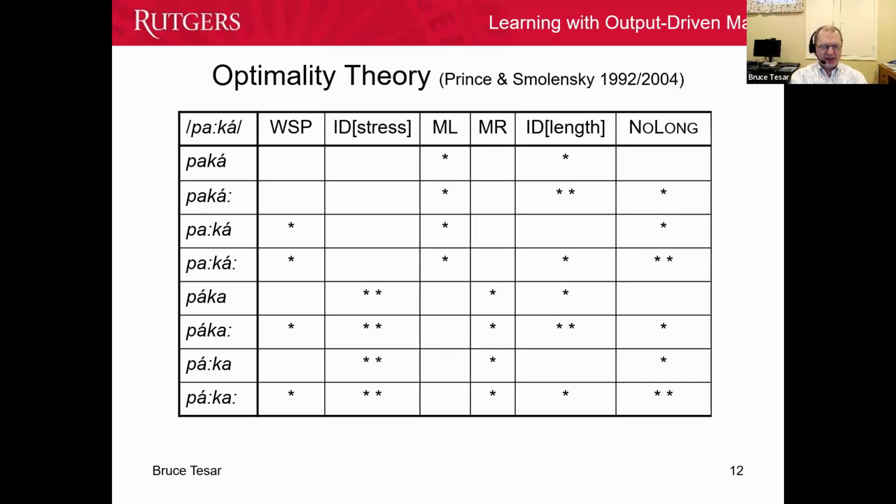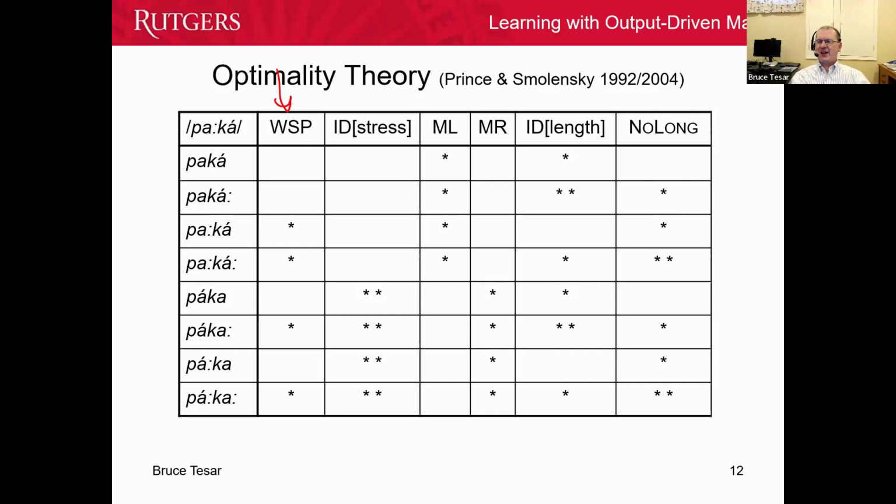So if I were to take the 6 constraints here and treat them as ordered in the order in which they're shown in the table left to right, that would mean that the highest rank constraint is WSP, and I would look at all the candidates and say, okay, what's the lowest level of violation we get? And the answer is there are some candidates that have 0 violations.